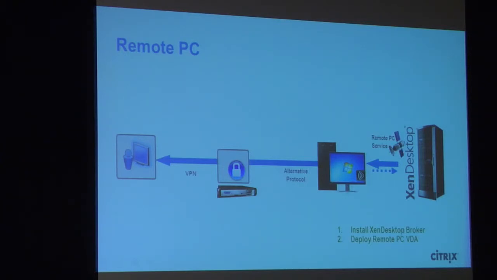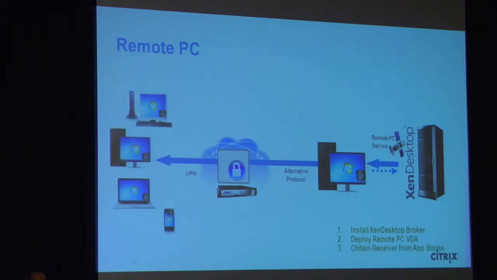So proper monitor screen blanking, multi-monitor support, being able to respect the local WDDM display adapter without having to retest applications with what our agent does on that physical PC. We don't replace the display adapter locally, we work with it. And lastly, your users go out and get the Receiver on any device that they would like, okay?